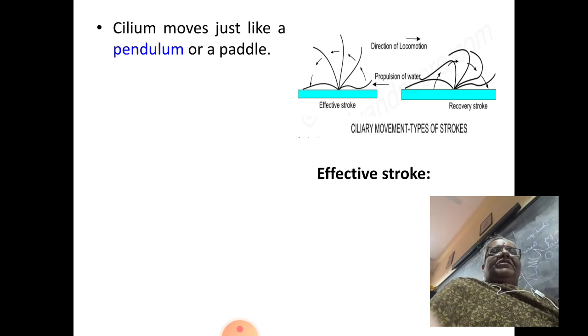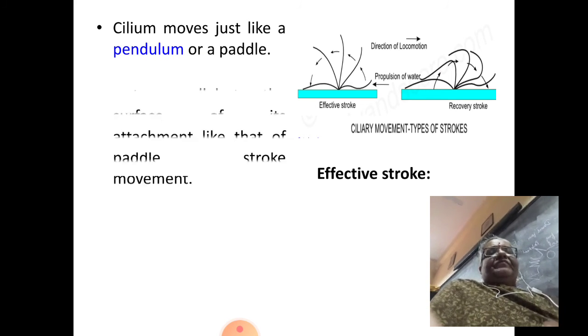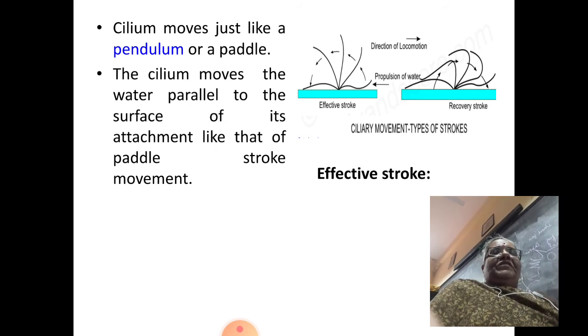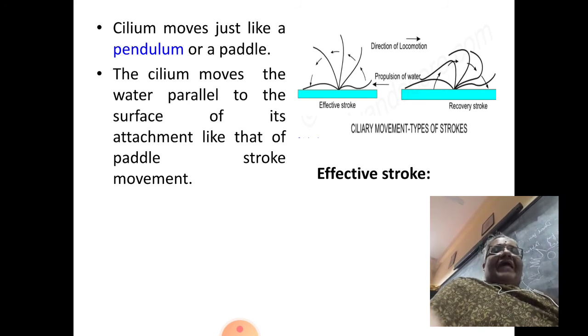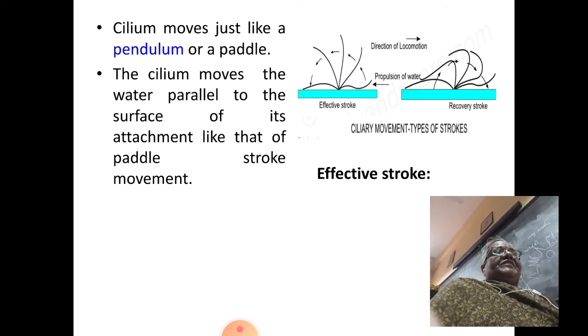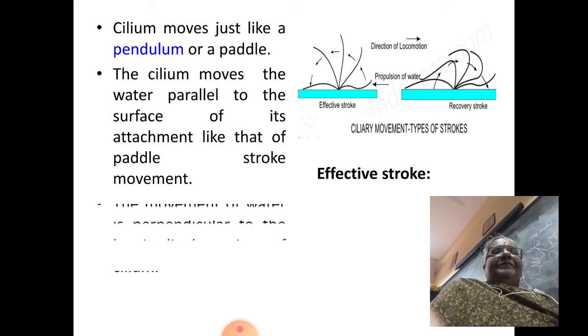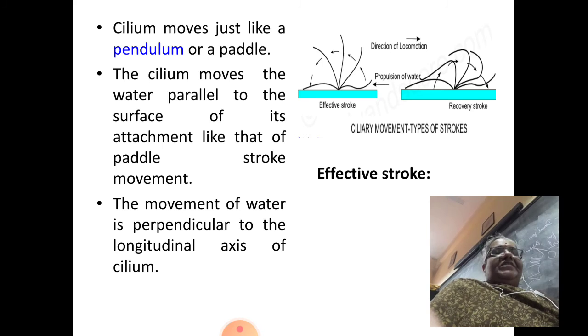Cilium moves just like a pendulum or a paddle. The cilium moves the water parallel to the surface of its attachment, like that of paddle stroke movement. The movement of water is perpendicular to the longitudinal axis of the cilium.